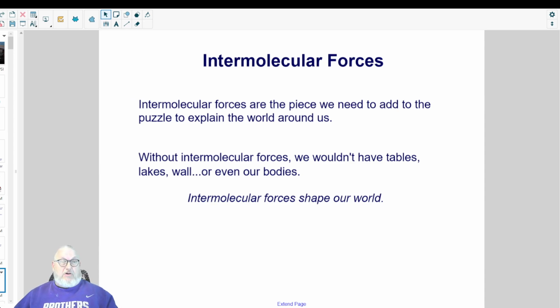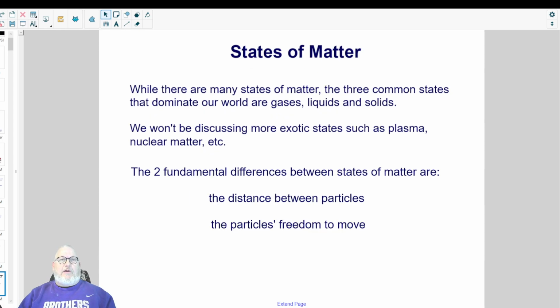Why is our desk hard? Why does water wet? Why is water a liquid at standard conditions, at STP? Without these intermolecular forces, we couldn't have tables or lakes or walls or even our own bodies. We'd just be little bits of slime. So intermolecular forces shape our world.